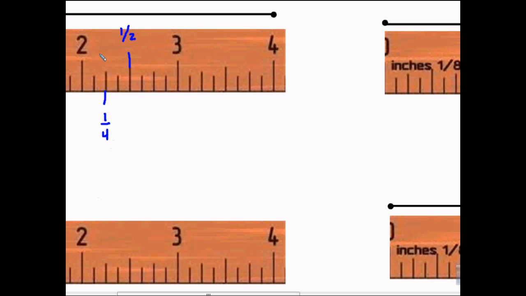And then halfway between the 2 and the 1/4 is 1/8. So on this ruler, the smallest segments are 1/8, but if there was another line here, there would be the 16th. So on a ruler, the smallest lines will either be a 16th or an 8th, depending on how many are between. If there's 4 between the halfway point, it's 8ths. If there's 8 between, it'll be 16ths.